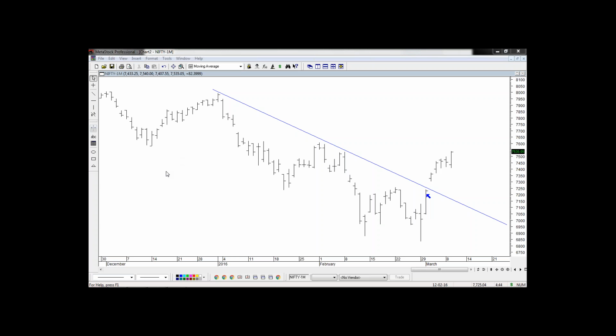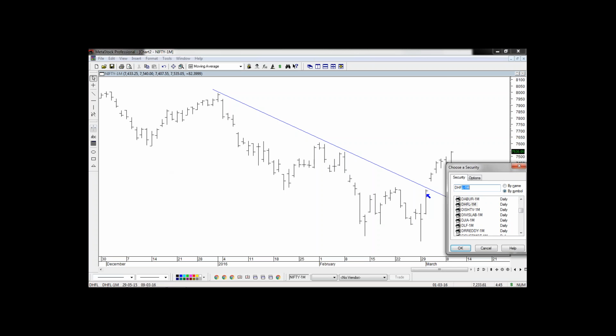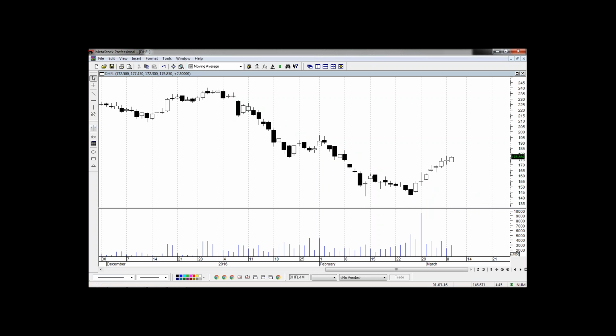Some of the moves for intraday. Let me show you some of the moves for intraday which I have used. Okay. Let me show you the chart of DHFL.